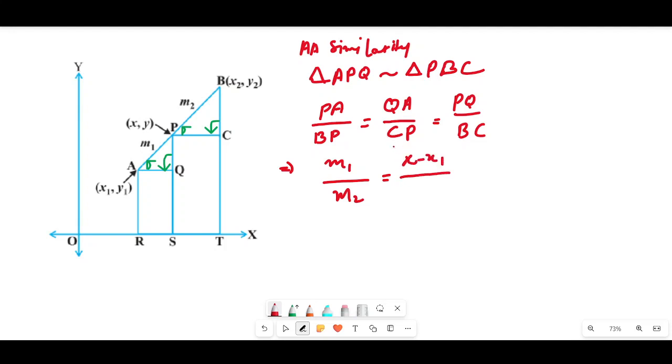Then what will be the CP? In the same manner OT minus OS, then we can write it X2 minus X. Now in the same manner we can find out the value of PQ. PS is Y and QS is Y1, then we can write it Y minus Y1.